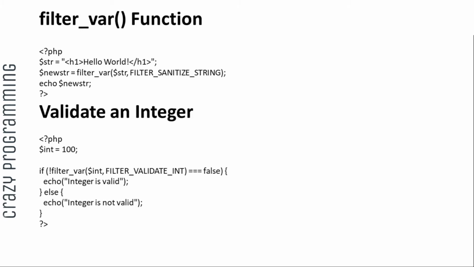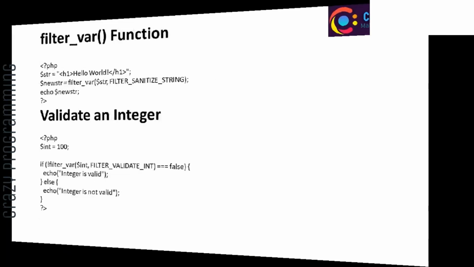If it's false, then print integer is valid, else print integer is not valid. So this is the simple example. Using this validation form you can validate any integers or any email, name or password, anything.